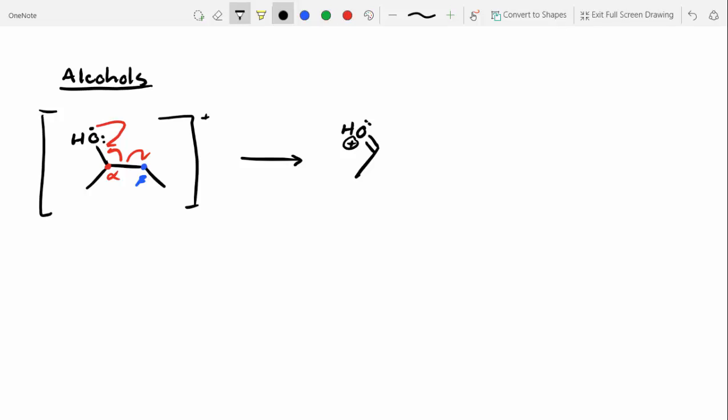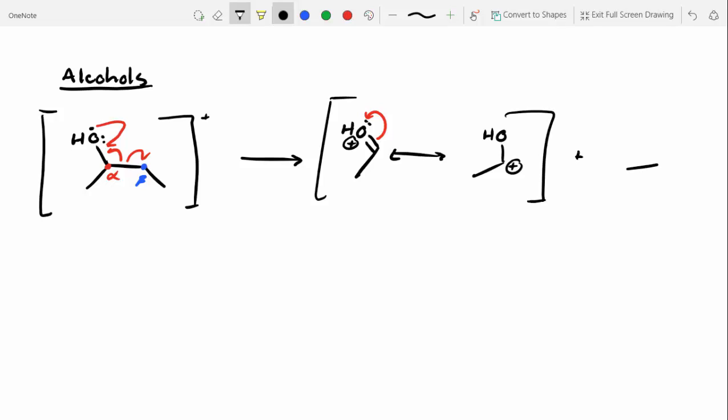So if we look at this, we can draw a resonance structure where we can move this pi bond up to the oxygen. And if we do that, we now move that positive charge over to that carbon. And then last but not least, we end up with this ethyl radical. So I'll draw in that ethyl radical over here. So this is stabilized.